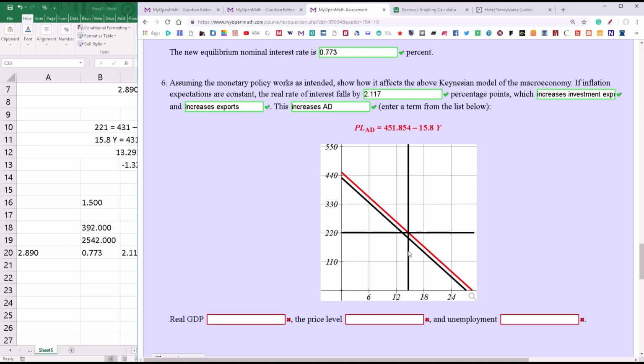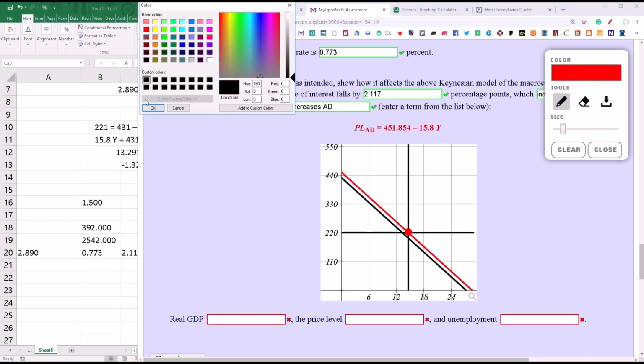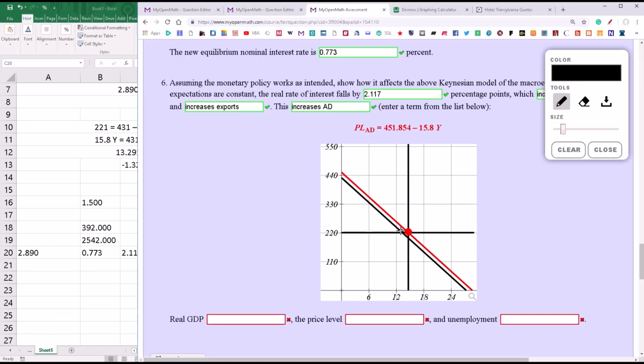Okay, so the equilibrium now is right here at the intersection of all three, right? The equilibrium was right here, right? And we had a recessionary gap. Okay.